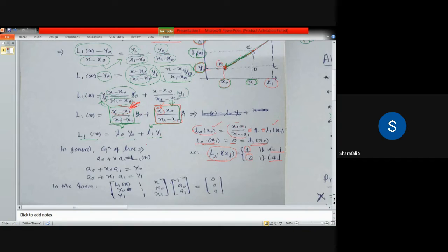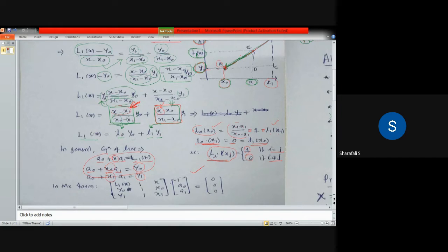Now we can also write these equations in matrix form. You can see from here, this is the equation a0 plus a1x equal to L1 of x, and then we can write a0 plus x0 a1. This is the general equation for x. But we do not know what this x is, we don't have that value. We have only x0 and x1, two x values, and we also have y0 and y1, two y values corresponding to these x values.